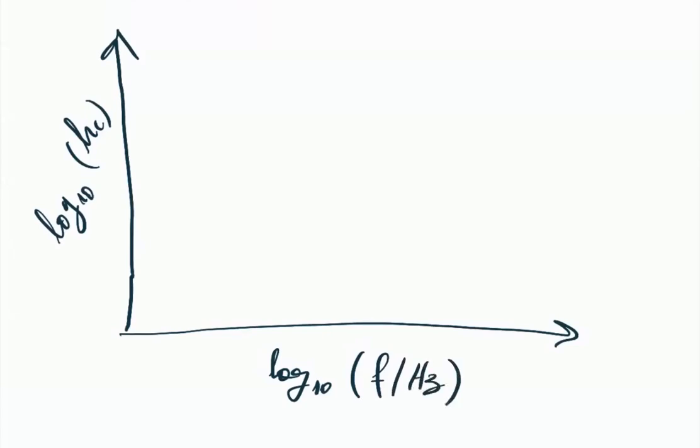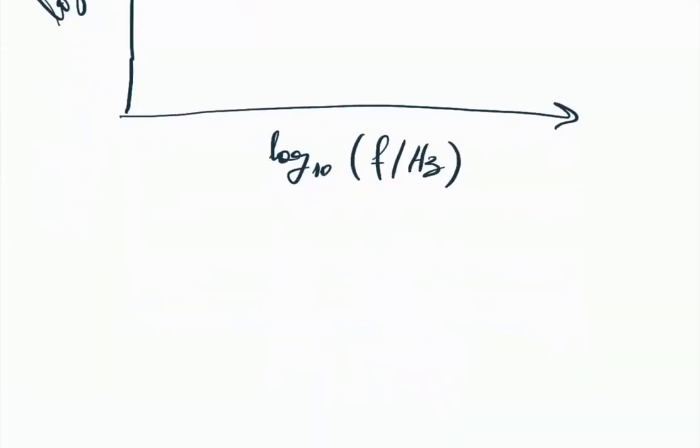Okay, so first of all, what is this HC? This is important. So HC, this C over here stands for characteristic, and it is giving you a feeling for what is going on.